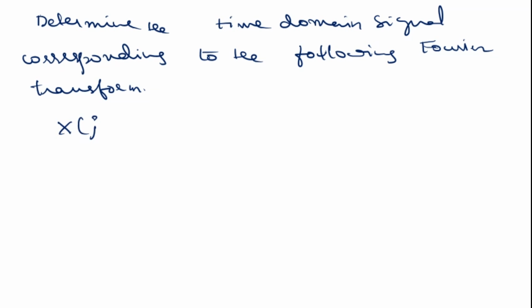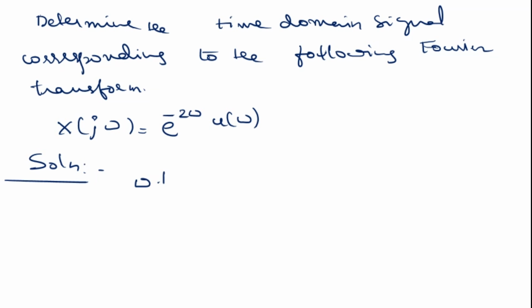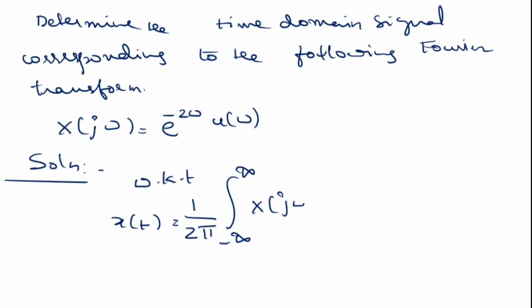X of j omega is equal to e power minus 2 omega into u of omega. And we know that x of t is equal to 1 divided by 2 pi integration minus infinity to infinity X of j omega into e power j omega t into d omega.